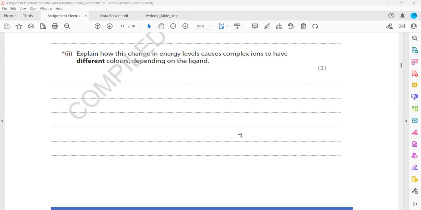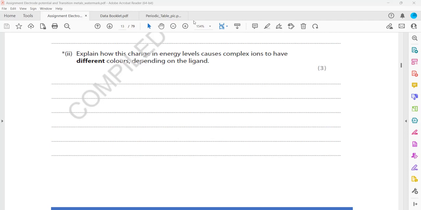As a result, electrons absorb a specific energy to move to a higher level, and the color of the complex depends on the gap size. The color we see is always the complementary color. It's not what is absorbed, it is always what is not absorbed. That is the color of the complex we see.